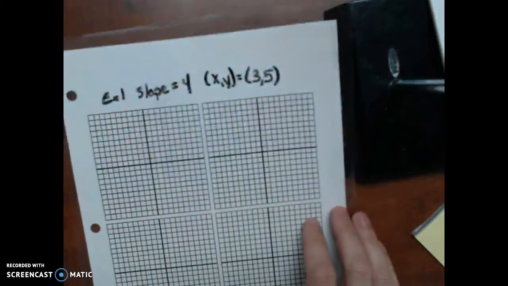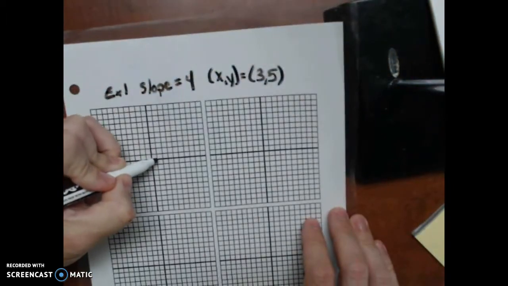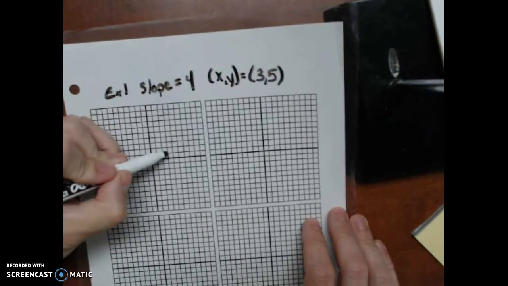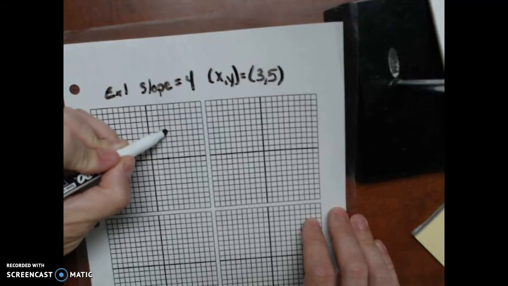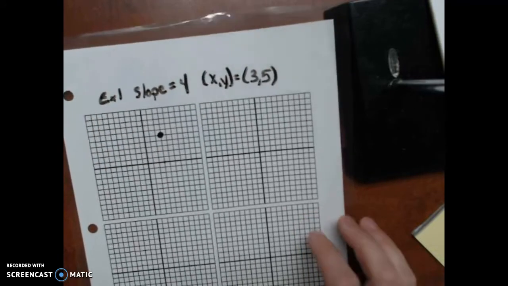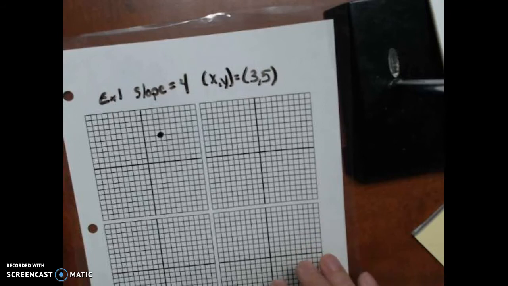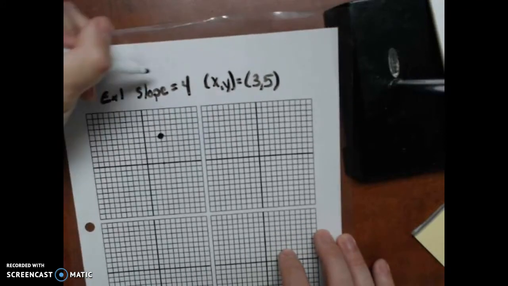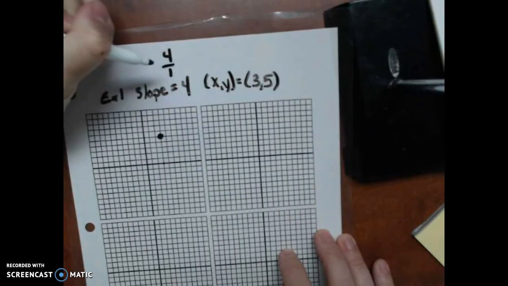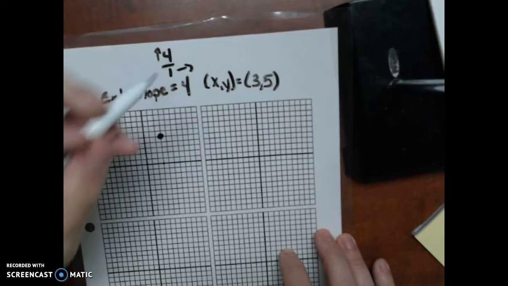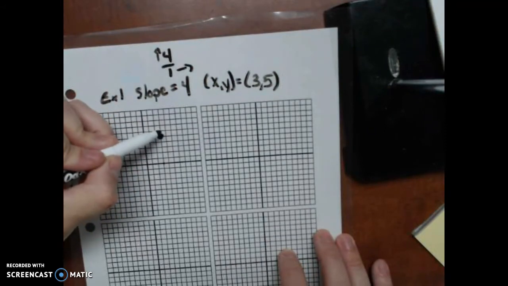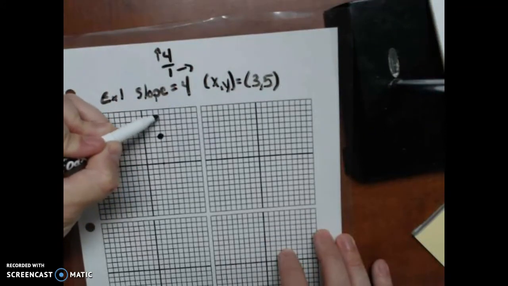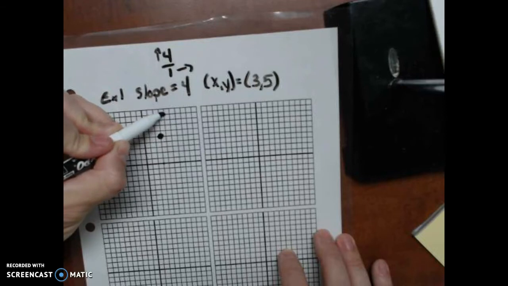Alrighty, plot the point first. Where is that point? It is at 1, 2, 3, 1, 2, 3, 4, 5. There's our point at (3, 5). Secondly, a slope of 4 means 4 to 1. It's 4 up and 1 over. So from there, we go up 1, 2, 3, 4 and over 1.